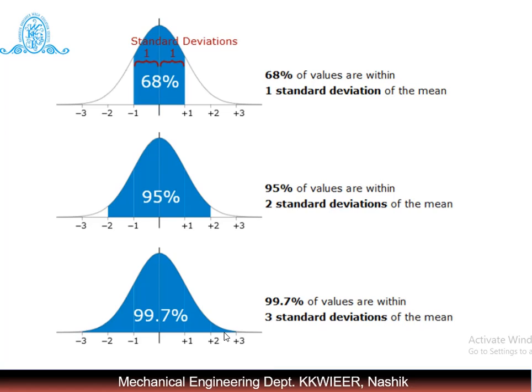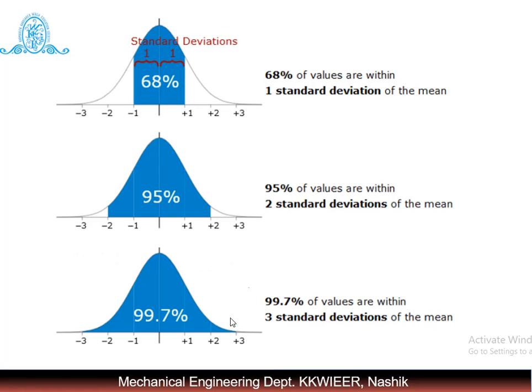In the first graph, 68% of the values are within the first standard deviation of the mean. That means not 100% of the data is deviating from the mean, but 68% is within one standard deviation.